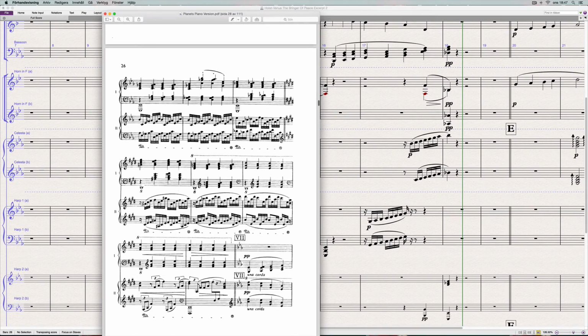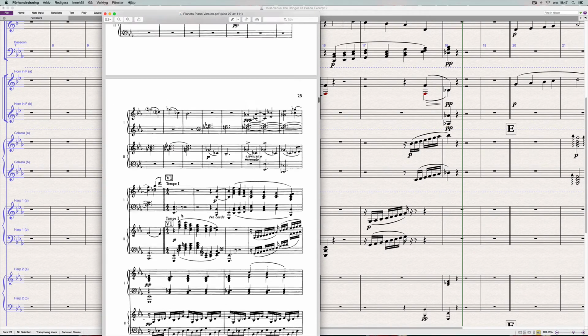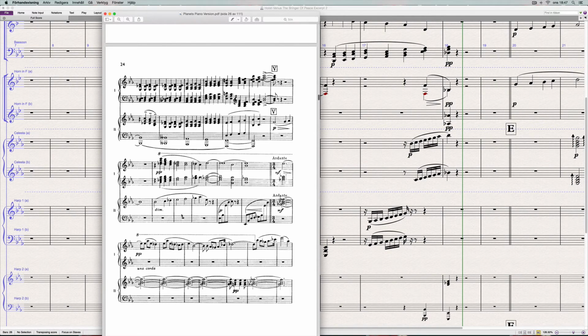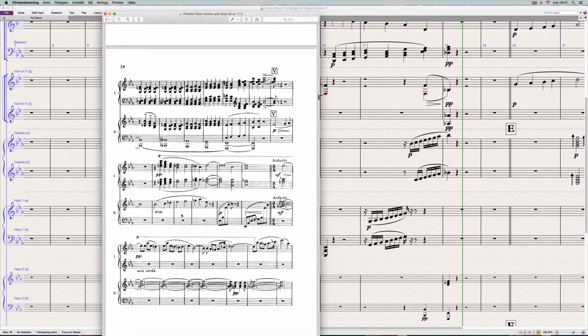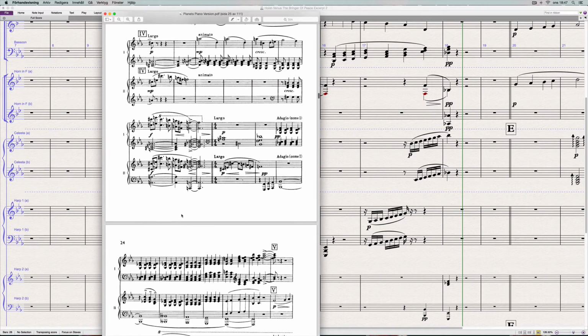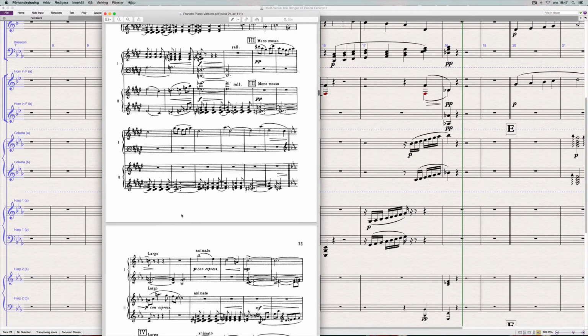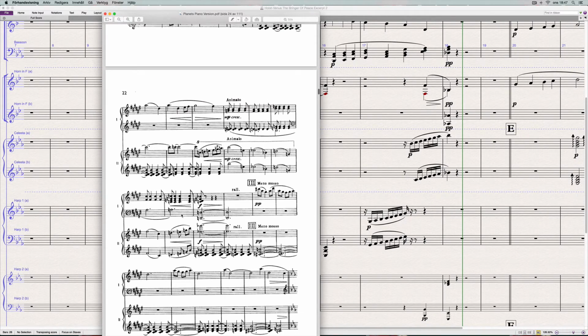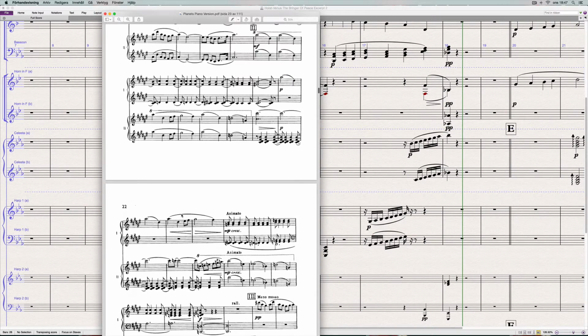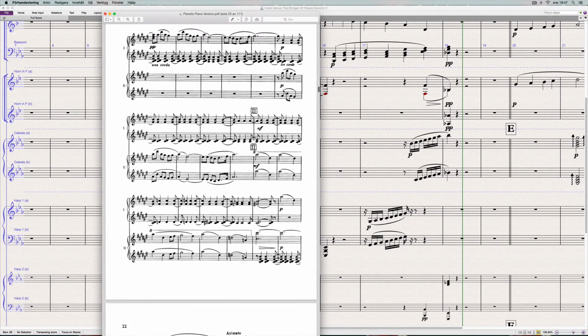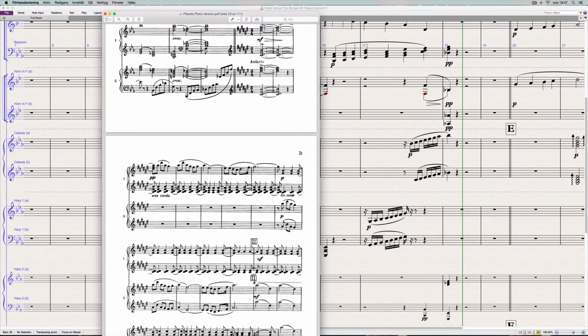But one thing that I found, in last week's score, let me find it. Oh yeah, here it is.